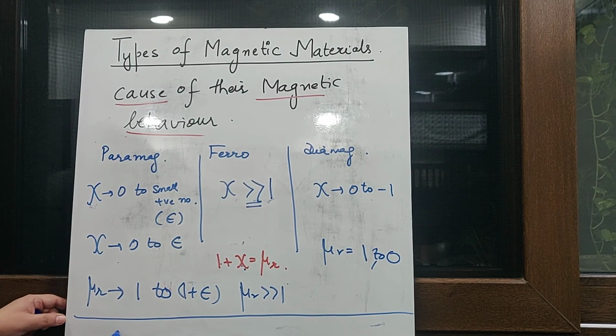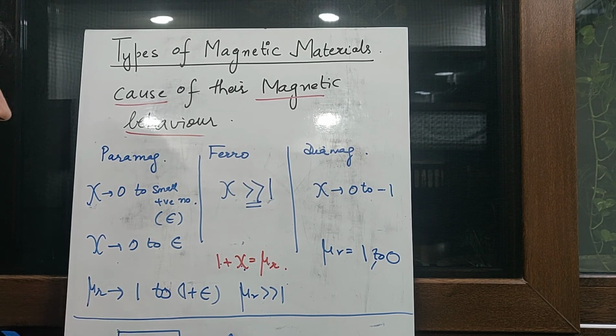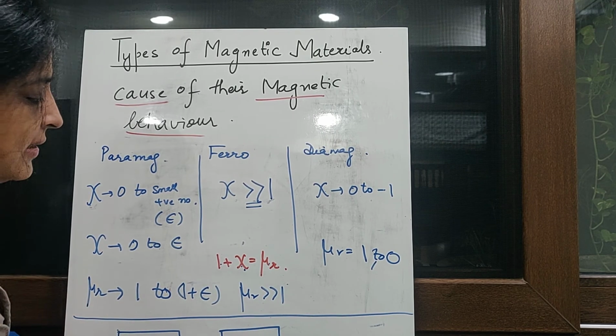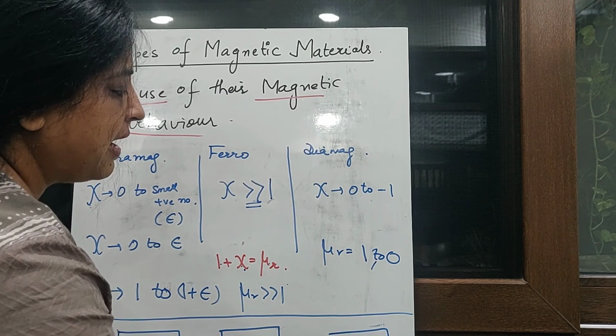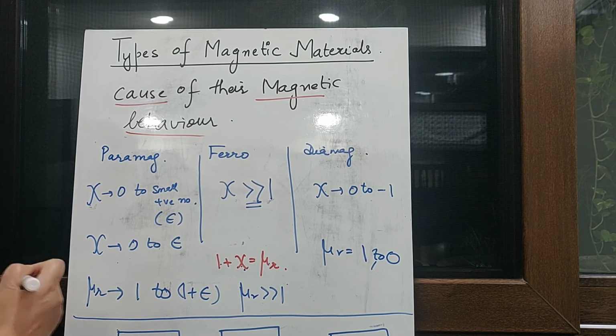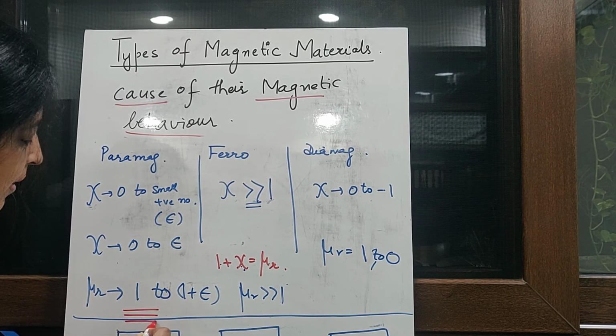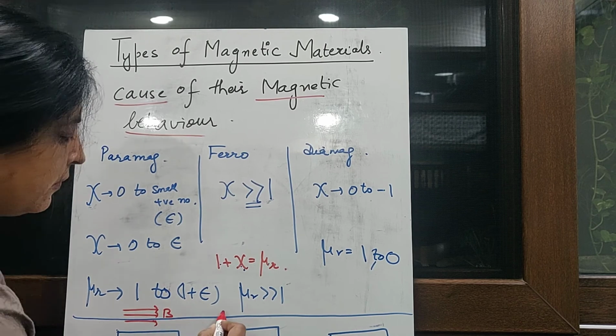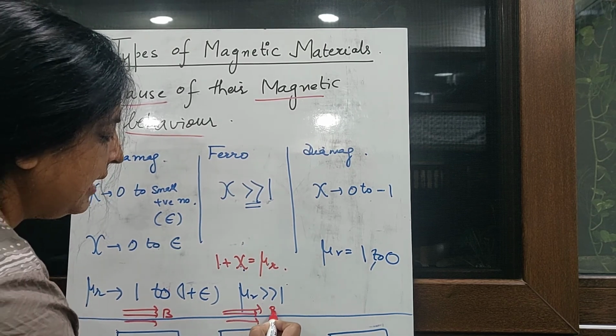And if you have to draw a diagram, this is a paramagnetic substance, this is a ferromagnetic substance, and this is a diamagnetic substance. You have kept them in the presence of a magnetic field, and let us say that the magnetic field was uniform, like this. Initially the magnetic field is like this.